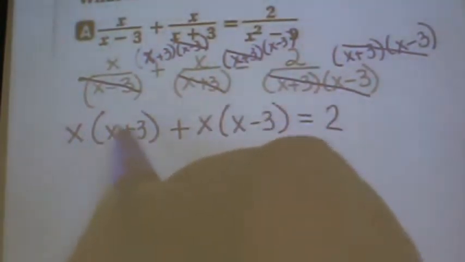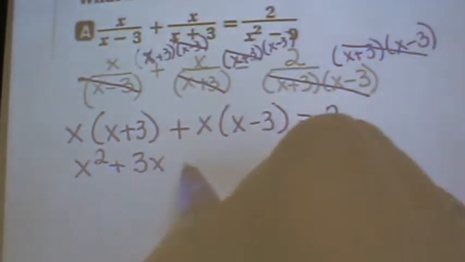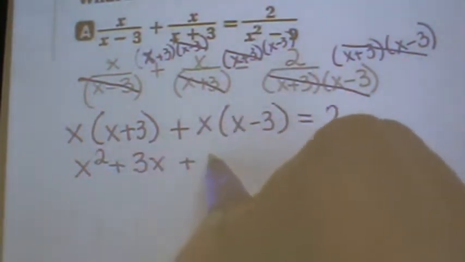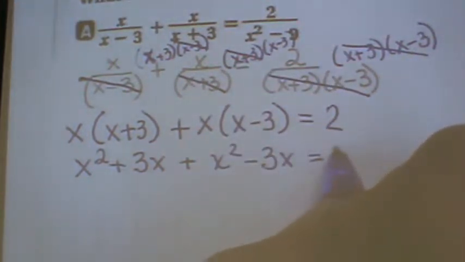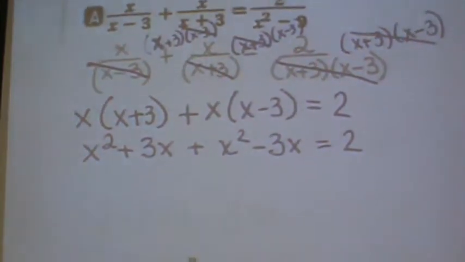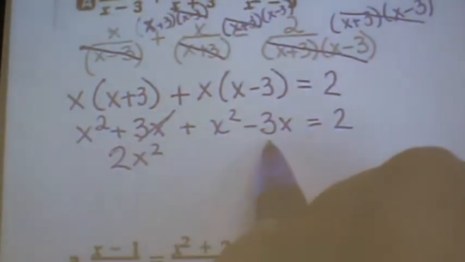So, what am I going to do next? X squared plus 3x plus x squared minus 3x equals 2. Add like terms. You have 2x squared. What happens to these?